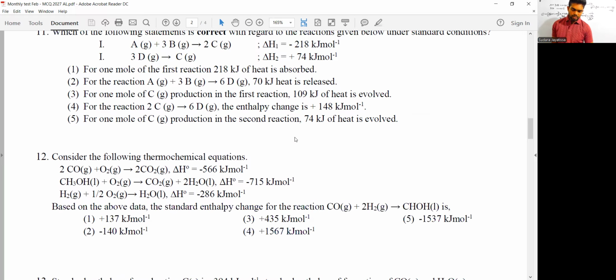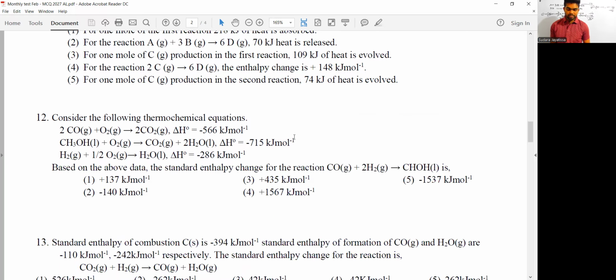Okay. Now let's go to this 12th question, 12th MCQ. So it's a thermochemical equation addition method, no? You have to adjust these 3 equations given and get this unknown equation settled. Right, now let's see how to do it.